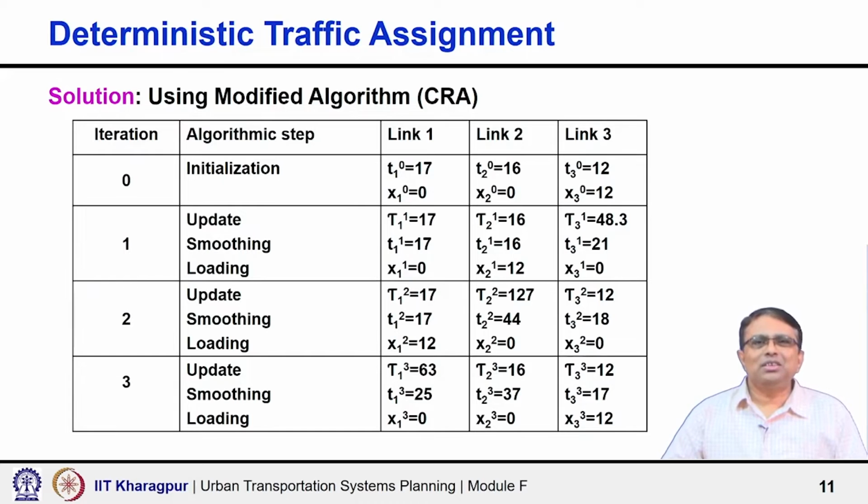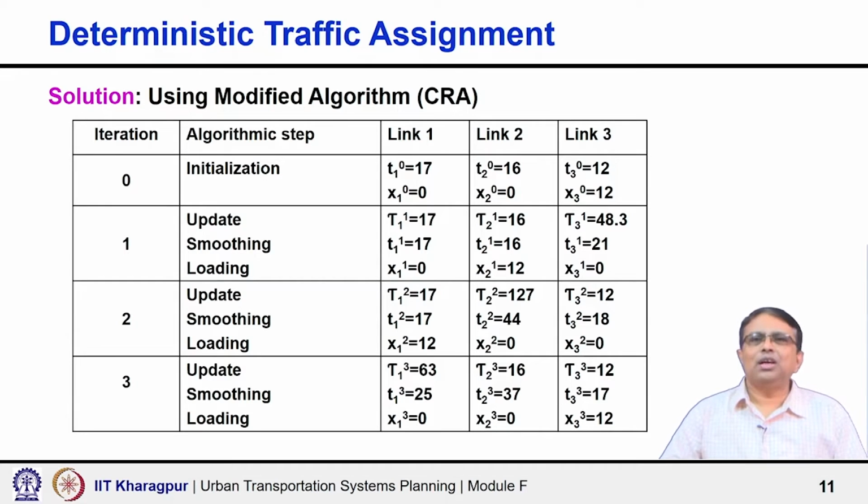Initially the travel time is 12, T0 travel time, that is the initialization. So all 12 unit flows are assigned to link 3. Now based on this 12 unit flow, the link 3 travel time becomes 48.3, and then in the capacity restraint, 16 is the new thing.